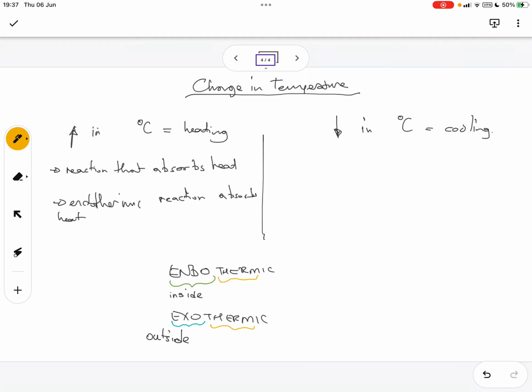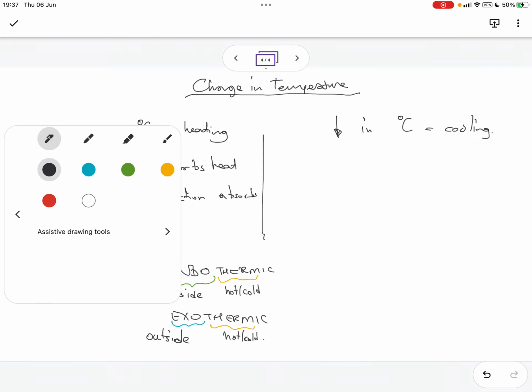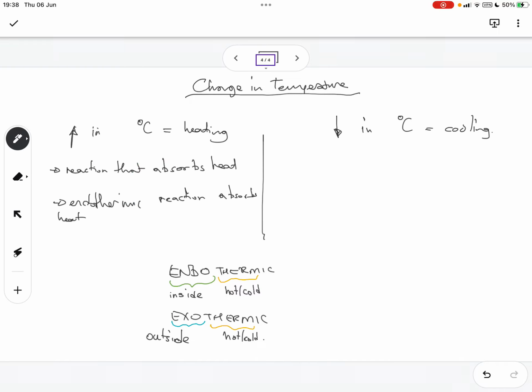And then lastly, the suffix thermic, or rather therm, therm refers to hot or cold. So in other words, anything that has to do with temperature or sensations of heat and cold.